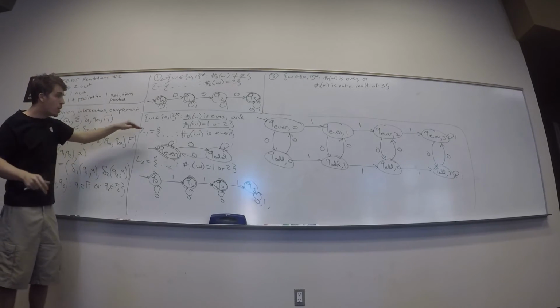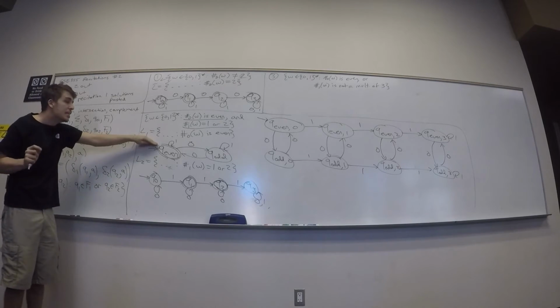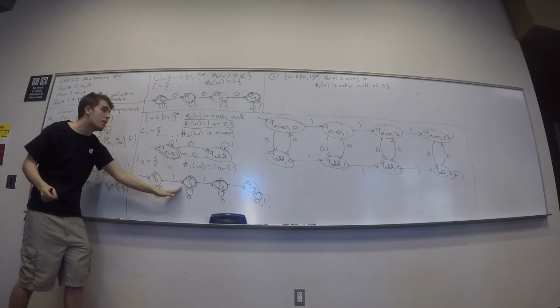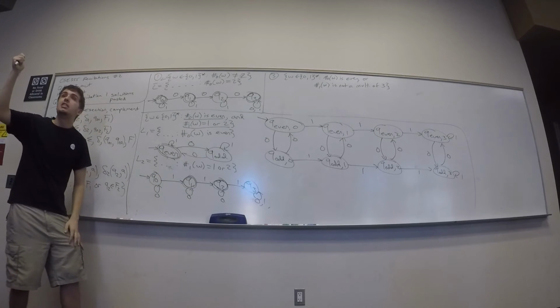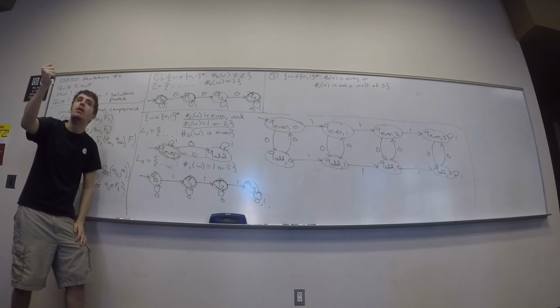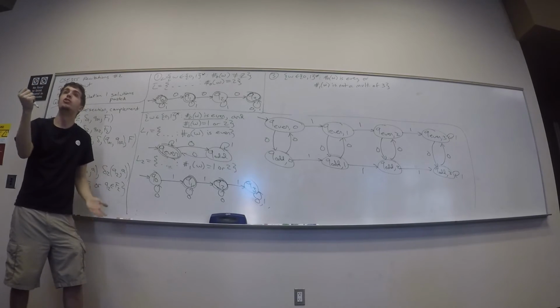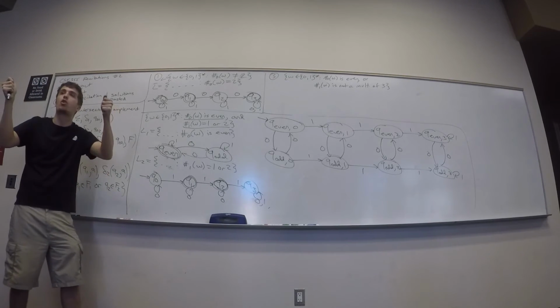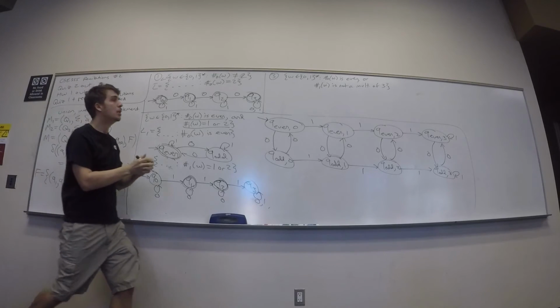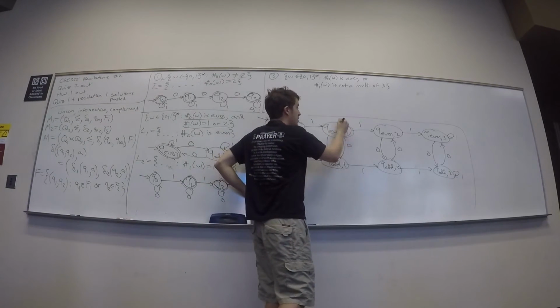Well, I gotta think, what are the final states up here? And the second coordinate has to be one of the final states in here. So it has to be even and 1 or even and 2. Those are my only possibilities of both coordinates being a final state. So those 2 are my final states.